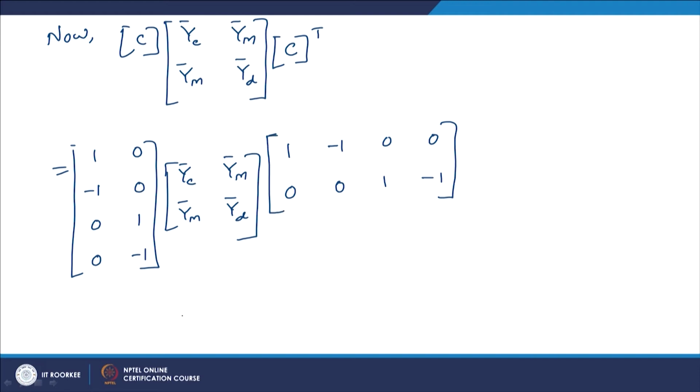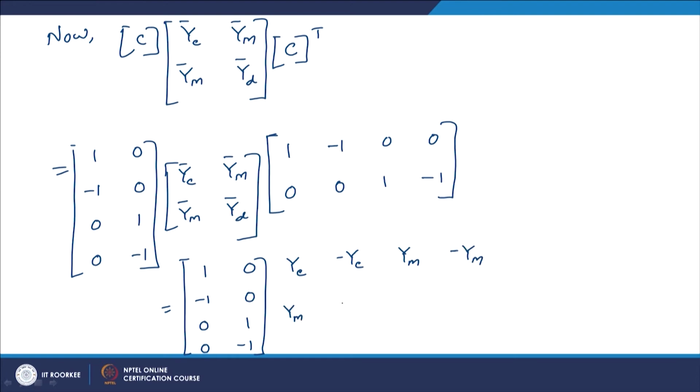So, what would I get? From here, 1 0 minus 1 0, 0 1 0 minus 1, and this would be YC minus YC, YM minus YM, YM minus YM, YD minus YD.